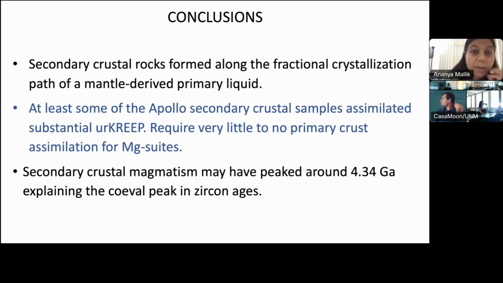But I'm thinking about this from the perspective of this LPSC abstract that was presented, where they dated some zircons in MG suite samples, which were actually older than the 4.34 here. And it's possible that some of these MG suites may have formed earlier than the peak. And then you have the peak. And if you get more samples, I think it'll be a better sense of exactly what that curve looks like if we had a way to plot magmatism versus time.